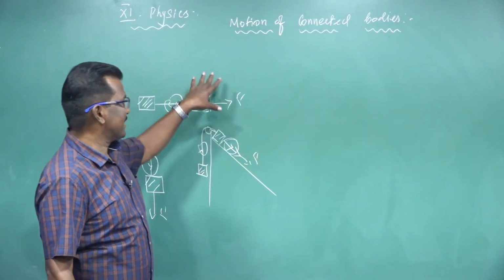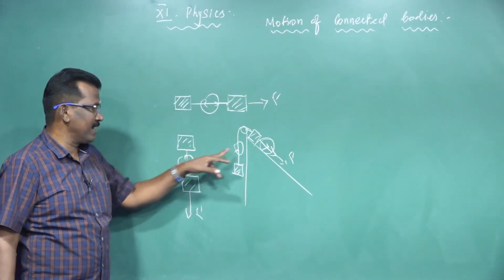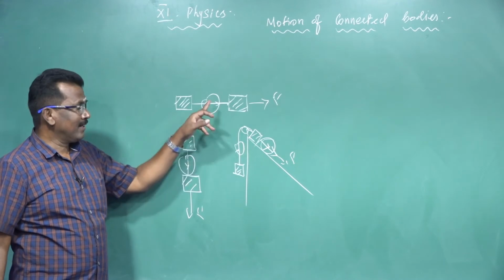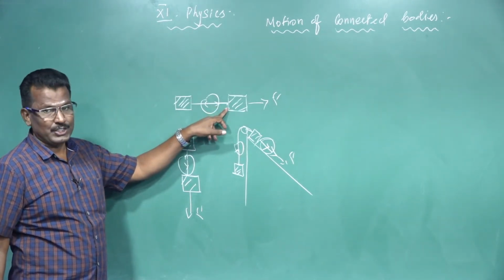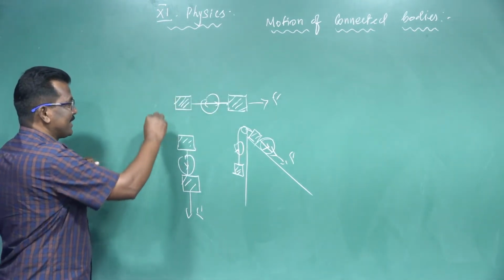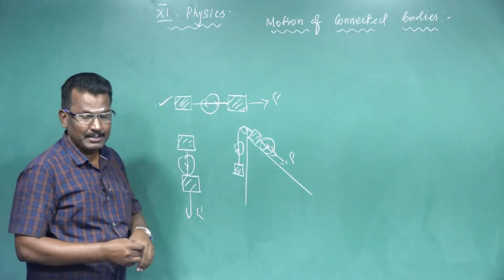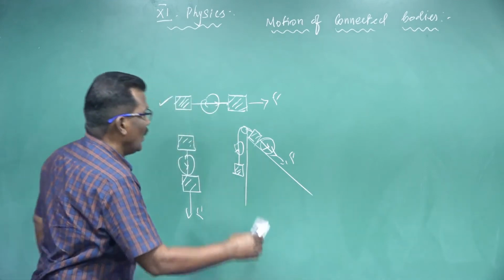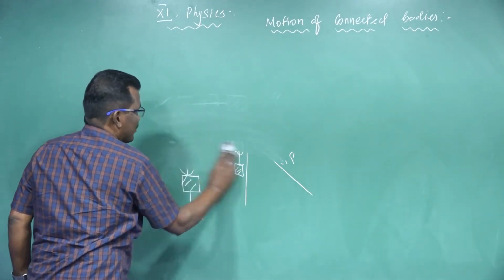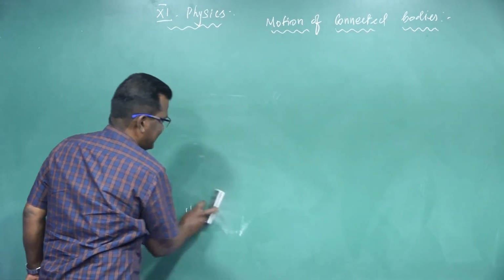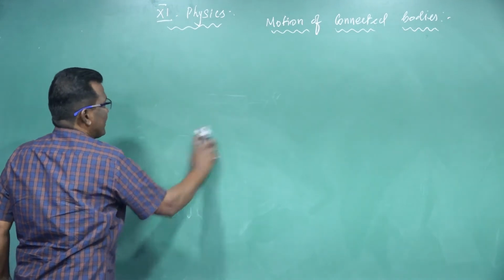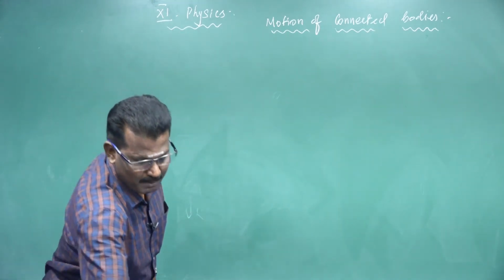In various cases, horizontal, vertical and inclined, the tension affects the acceleration. In this class we are going to discuss horizontal motion, not vertical or inclined. In horizontal motion, what is the tension produced in the string and how is the acceleration affected, due to the external force applied on it.